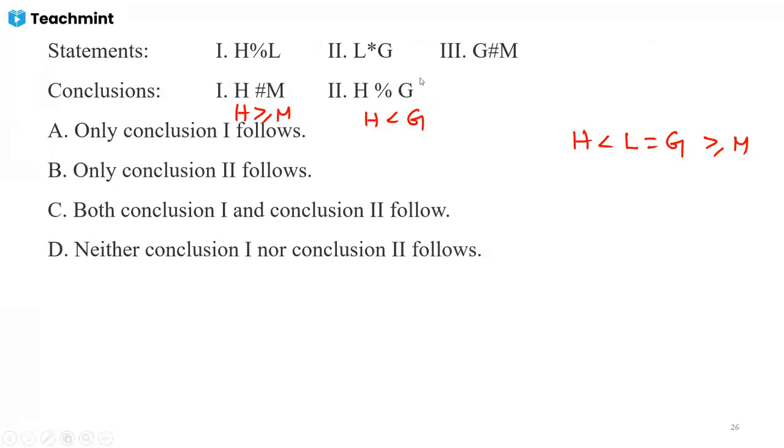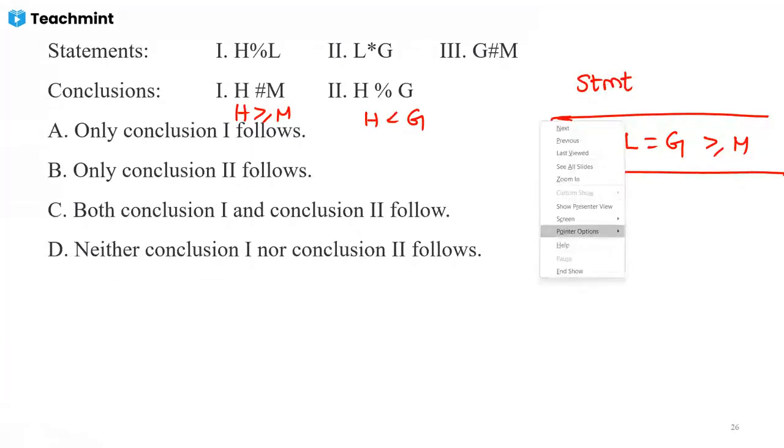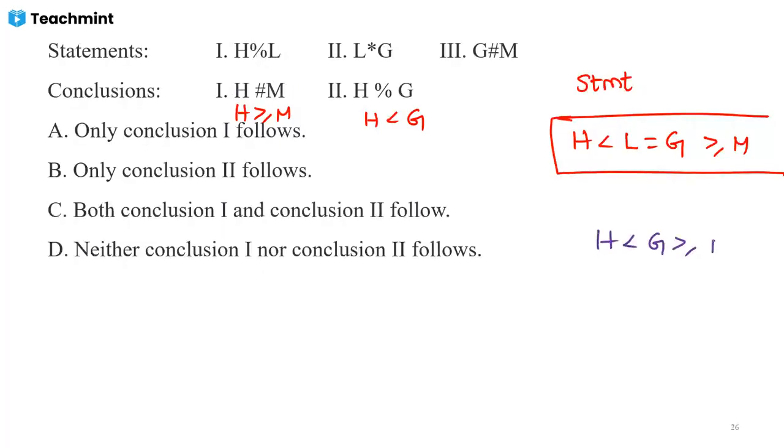See, we decoded all. The statement is given here. This is the statement, and this is the conclusion. Which is the correct conclusion? H to M. L equal to G. In place of L, I can put G because L is not there in the conclusion. H less than G, G is either greater than or equal to M. Now listen, H to M, there is no common symbol.